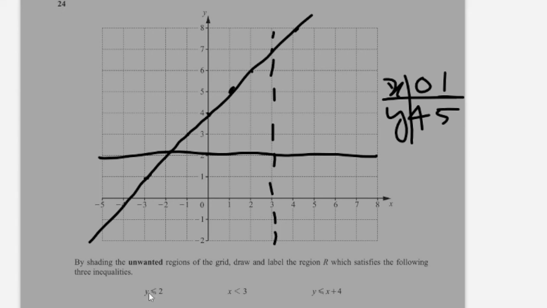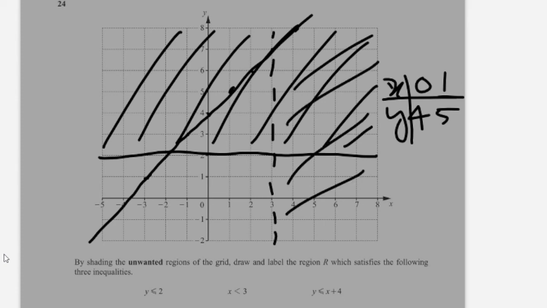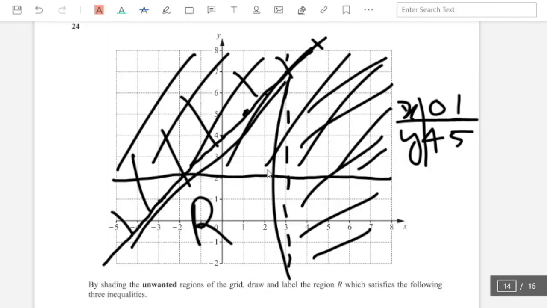So we want y less than or equal to 2, so we'll shade the rest of the region over here. And then we want x less than 3, so we'll shade the greater values over here. And then we have y less than or equal to x plus 4, so I'll shade the greater values over here. And then we are remaining with this region. This becomes R.